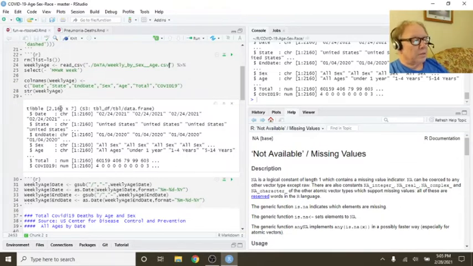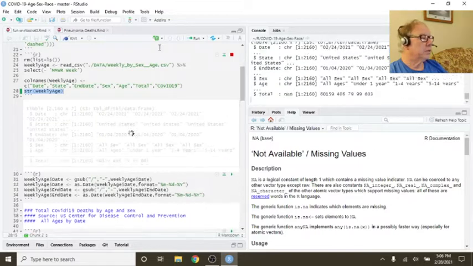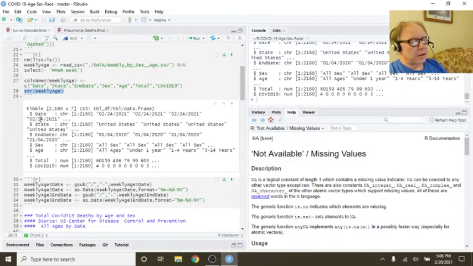All right, I've got it now. Let's take a look at this right here: date, state, end date.